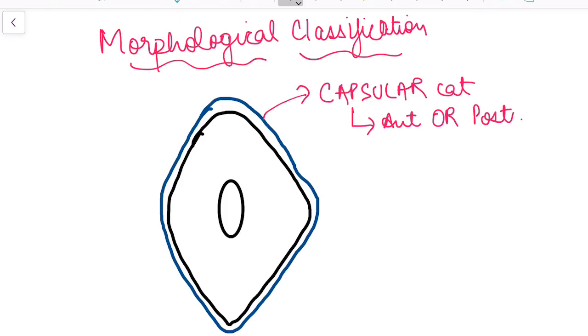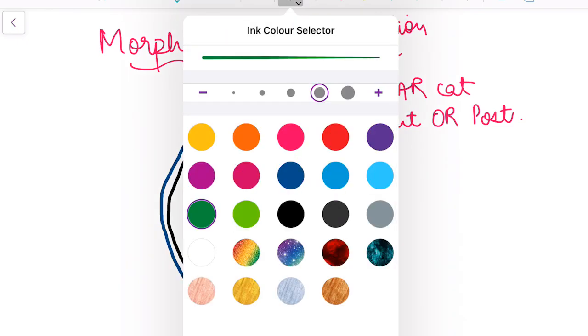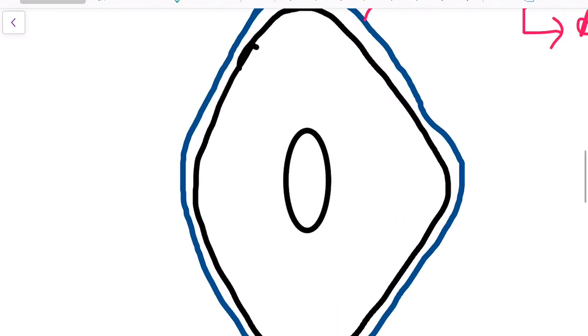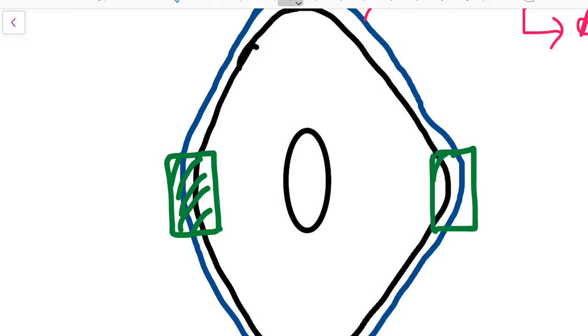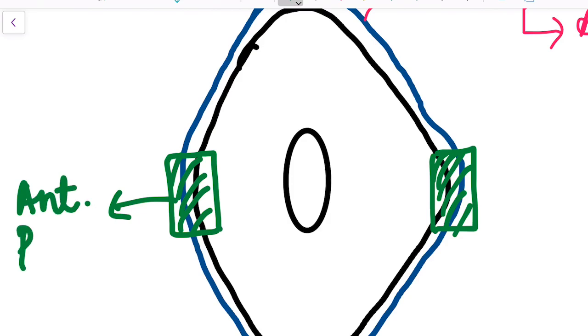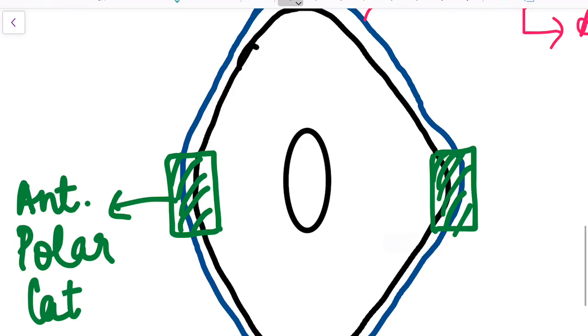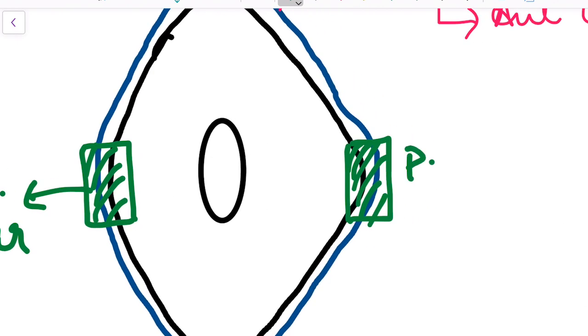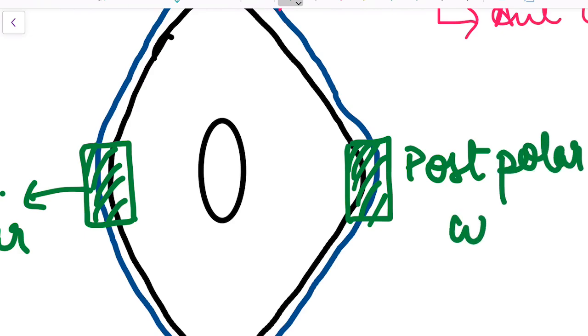So if I highlight it in the diagram here, this area and this area, right? This is the anterior polar cataract, and this will be the posterior polar cataract.